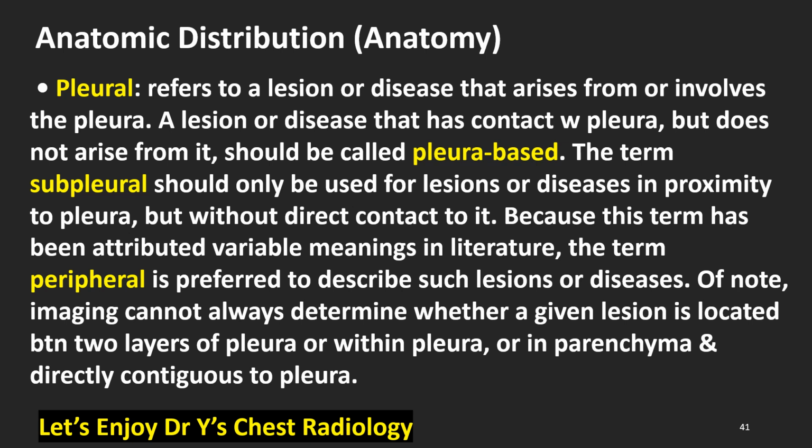Because this term has been attributed variable meanings in the literature, the term peripheral is preferred to describe such regions or diseases. Of note, imaging cannot always determine whether a given lesion is located between two layers of pleura, within the pleura, or in parenchyma and directly contiguous to the pleura.